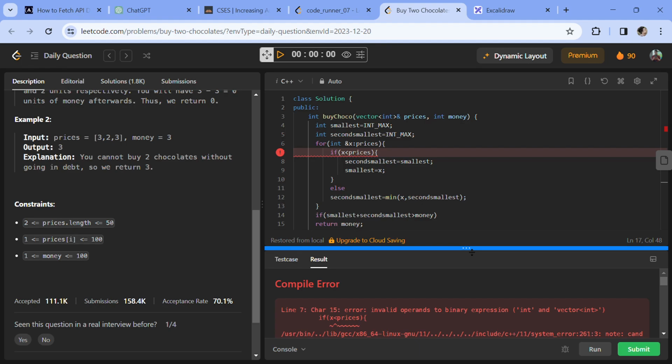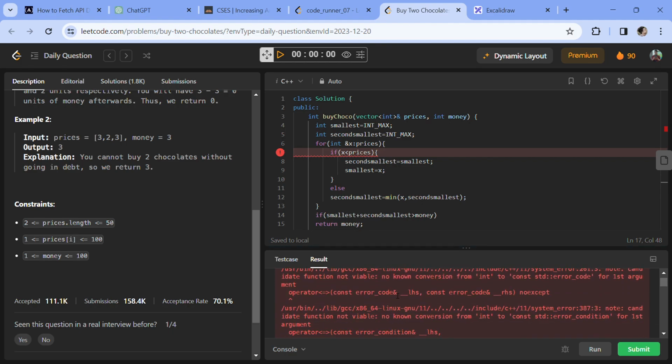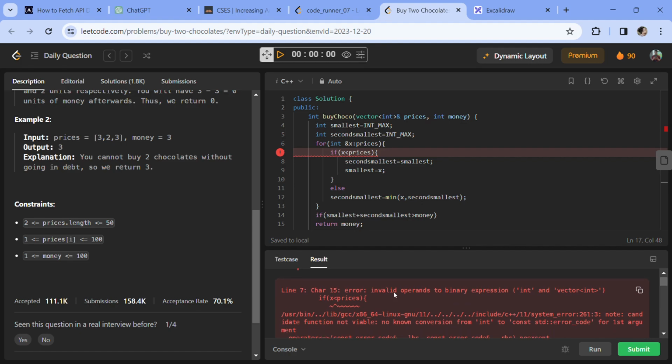So in this approach the time complexity will be big O of n, because we are iterating the array at once. So what is the problem here? If prices is less than x, sorry.